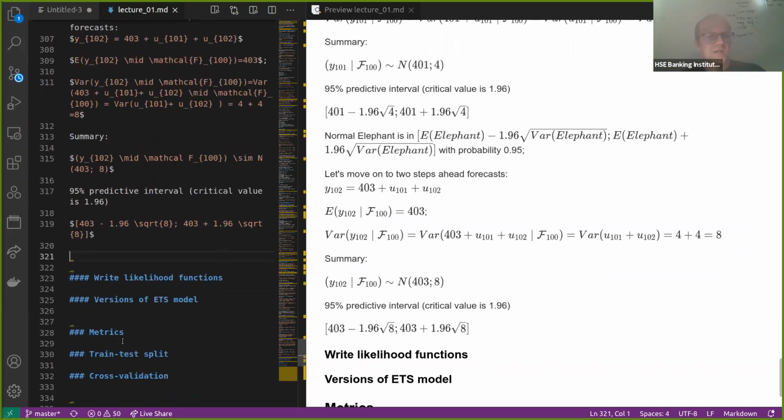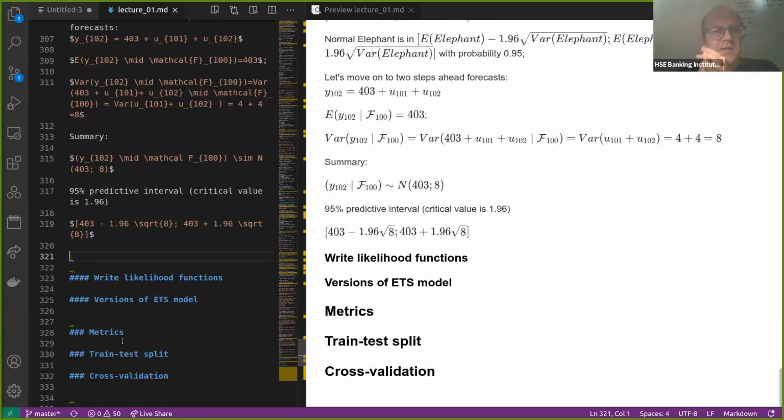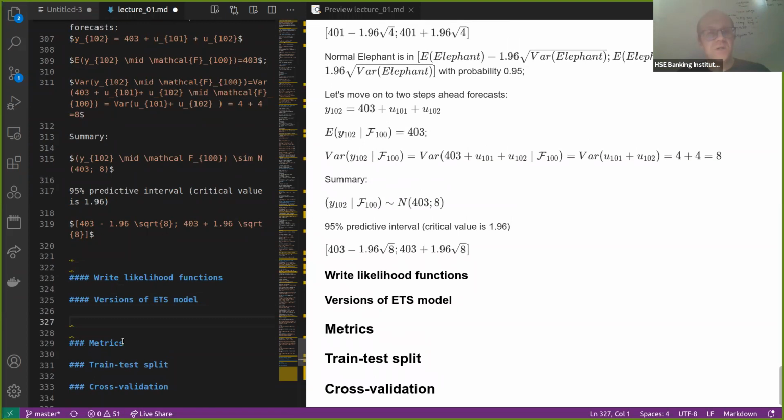It would be a little bit tough to write likelihood functions of ETS model because it requires normal distribution and so on. So I will skip this step, but versions of ETS models, that's fine. We can switch off some components. For example, we have discussed ETS AAA.